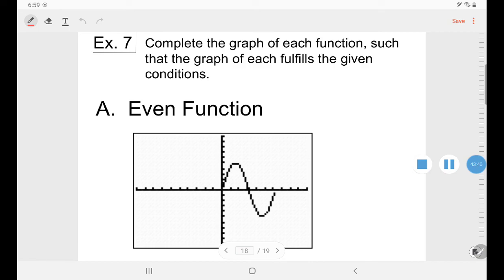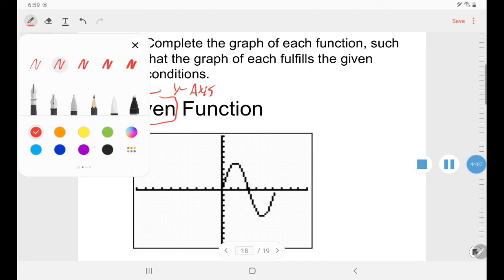What I want to do is just complete the graph of this function so it fulfills the following condition. I want it to be an even function, which means I want it to have y-axis symmetry. Does it look like this y-axis cuts that into two equal parts? I'm going with no.